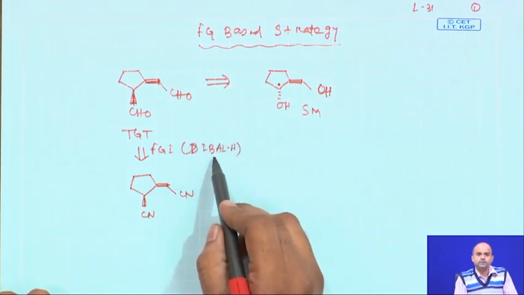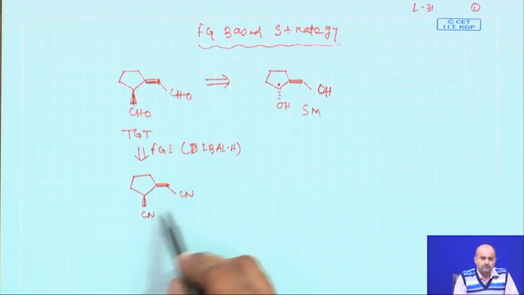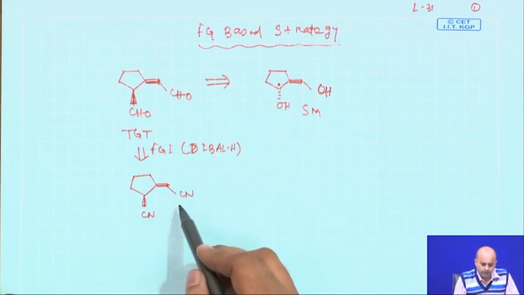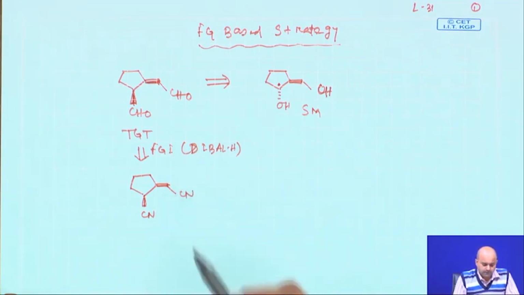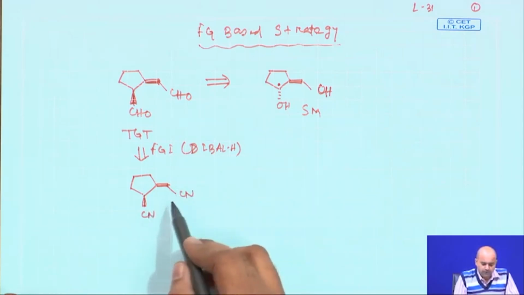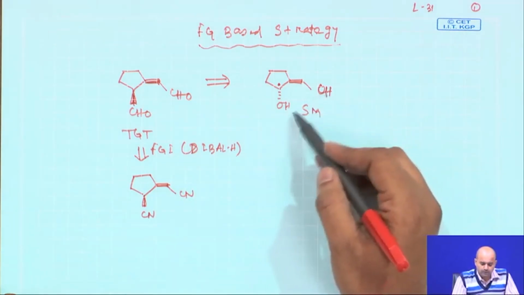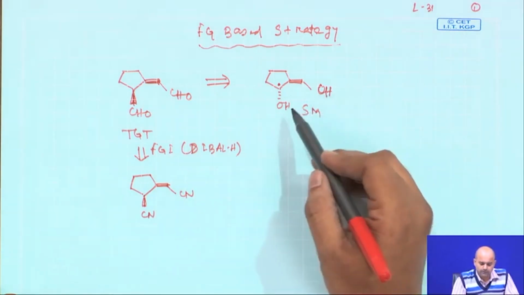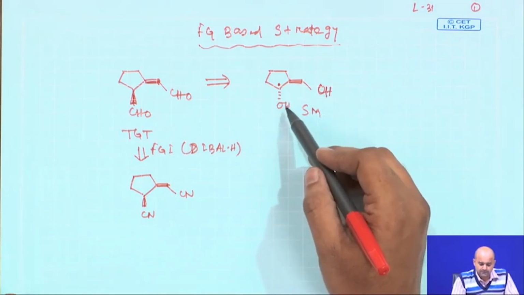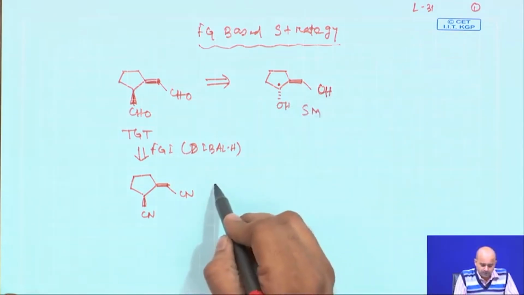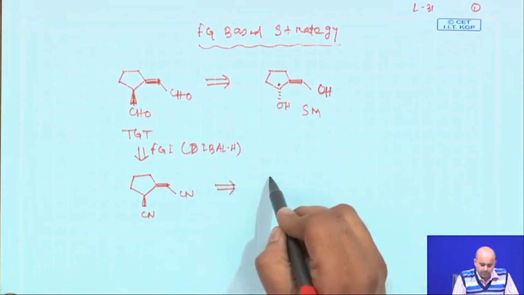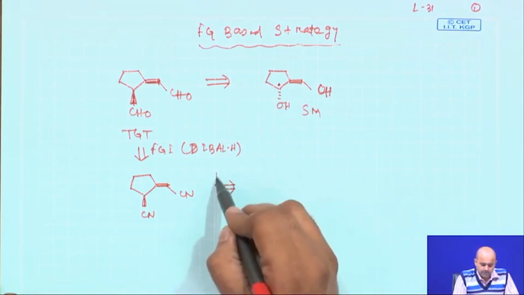This is basically a reductive transformation. So, cyanide can be converted by DIBAL to the corresponding aldehyde. Now, if you have a dicyano compound, try to correlate how this dicyano can be accessed from this dihydroxy compound. Now, we will be doing a simple FGI.